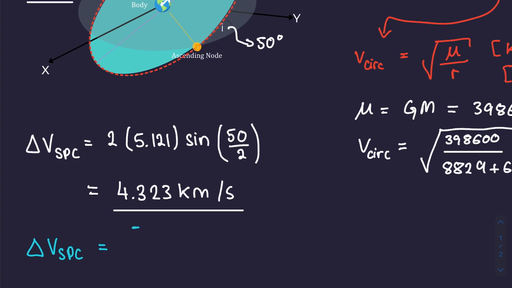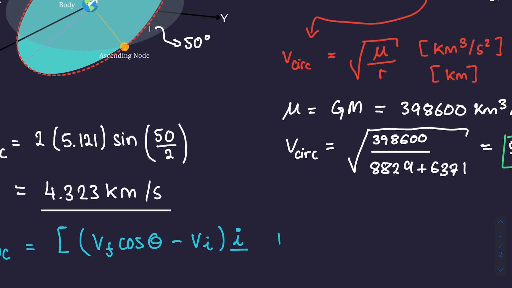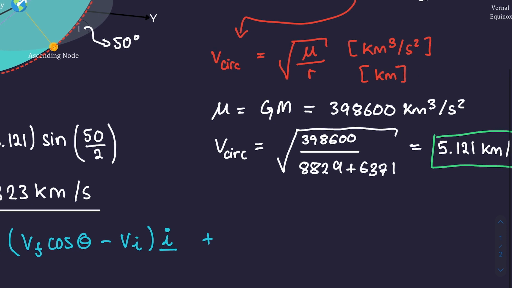We take our x component velocity as the velocity of the final orbit times cos theta minus the velocity of the initial orbit, and that's our I component, plus the velocity of our final orbit times sine theta, and that's our j component.